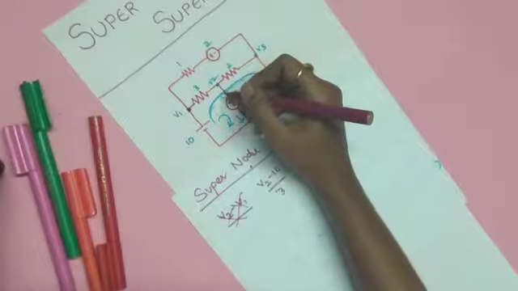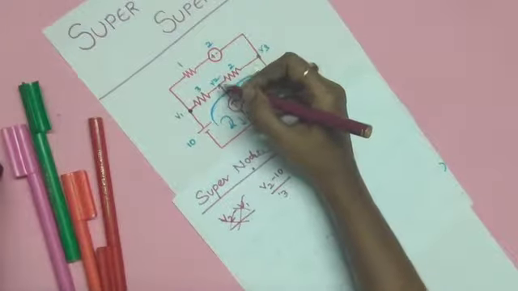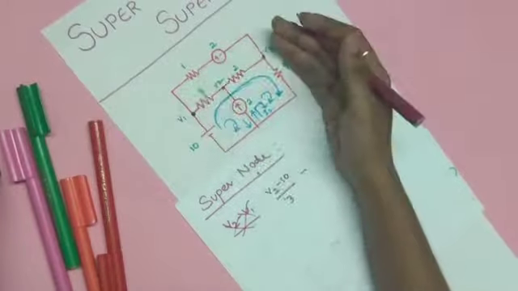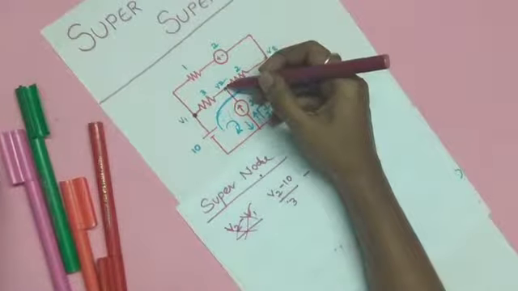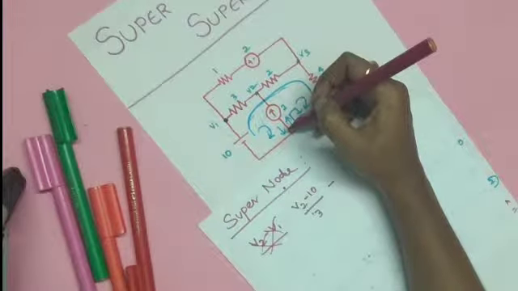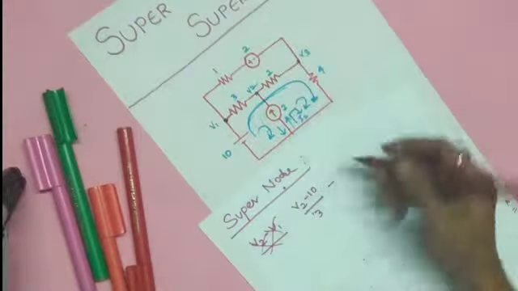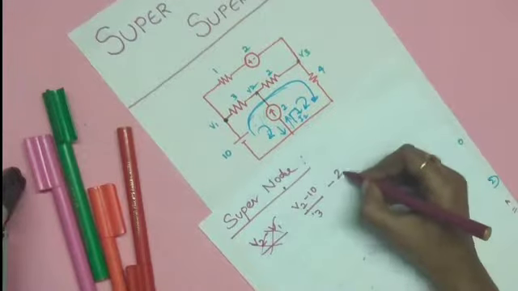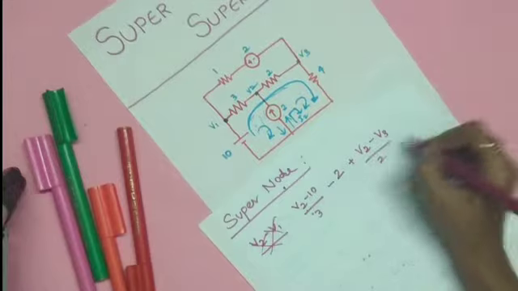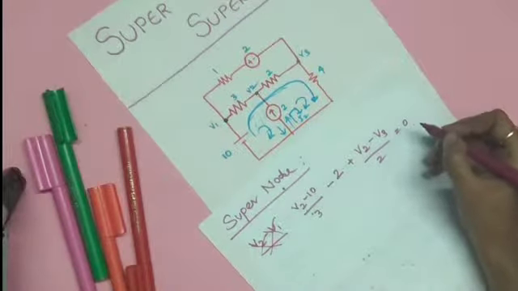In this nodal analysis we assume that V2 is the higher voltage than the other voltages, and we take the current as leaving from that node. But since the current is clearly entering this node, we should take it with a negative sign: minus 2 plus (V2 minus V3) by 2 equals 0.